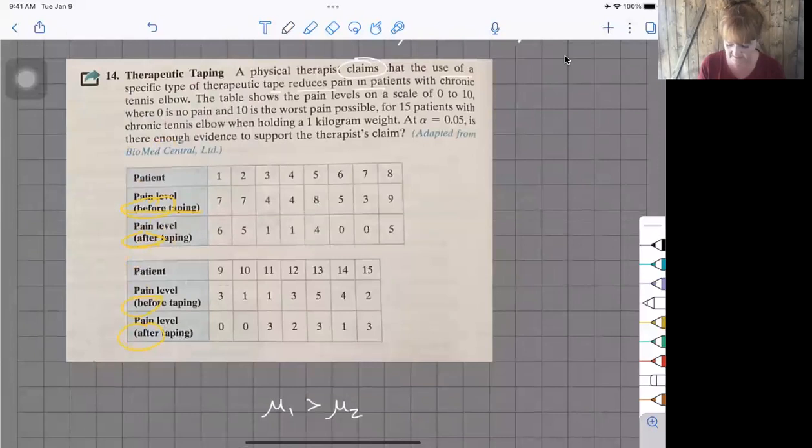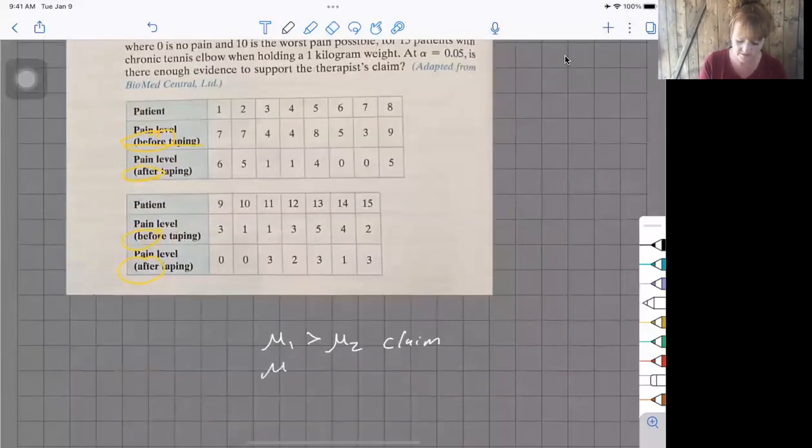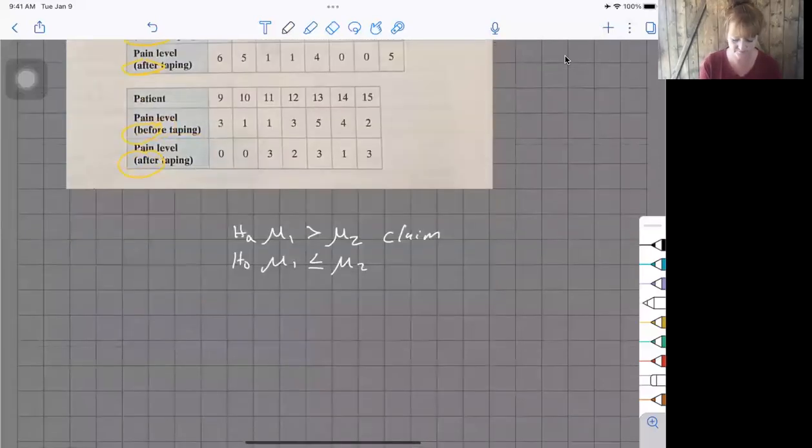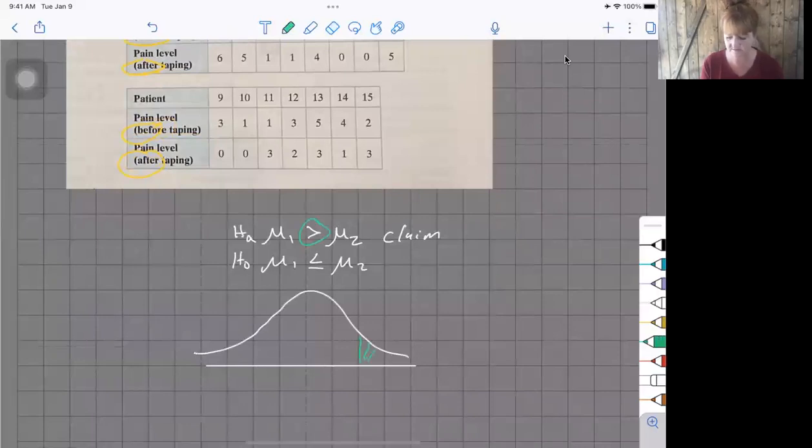So this is your claim. Your complement of that is flip the sign, throw an equals on there. The equals one gets the H naught. The not equals gets the HA, and the HA dictates the picture. So because HA is pointing to the right, this is going to be a right-tailed test.